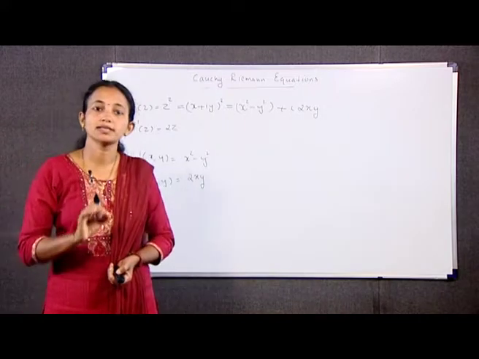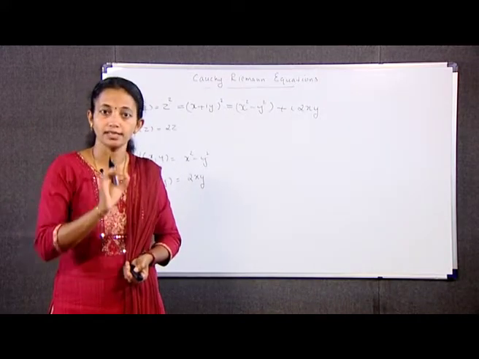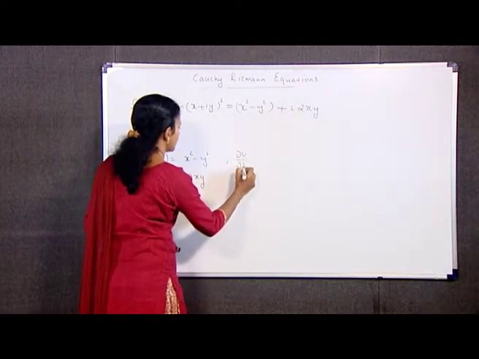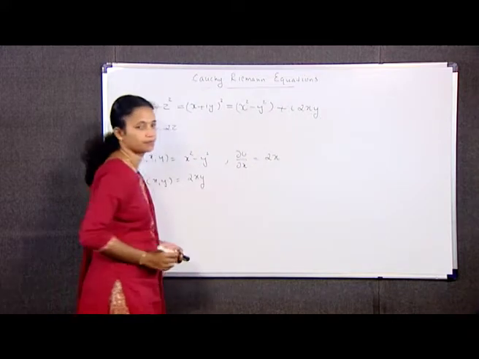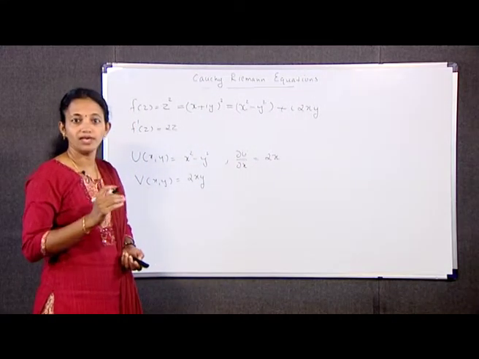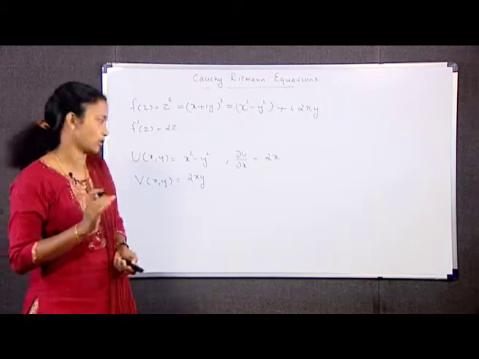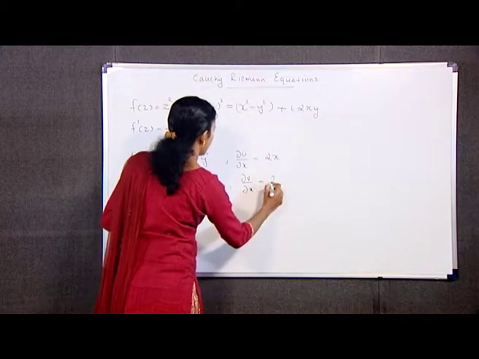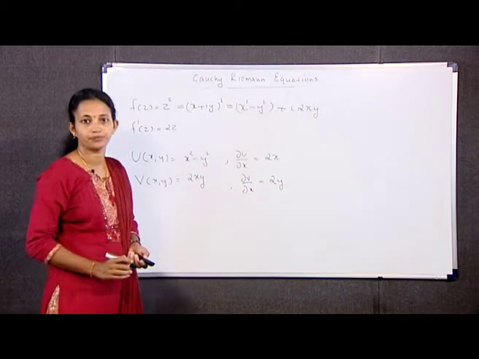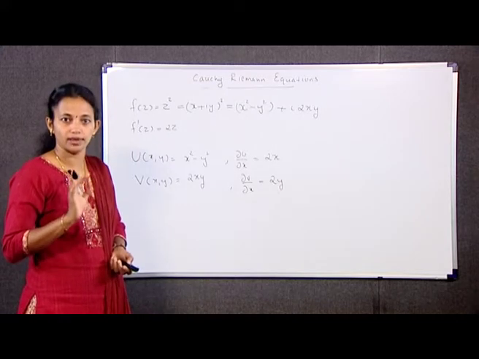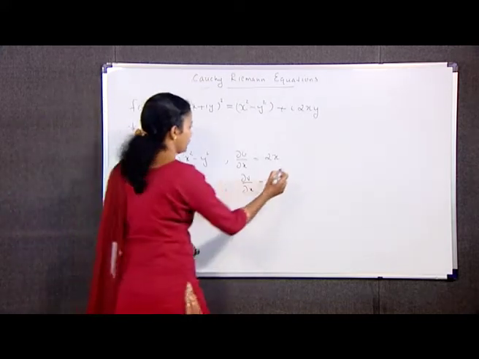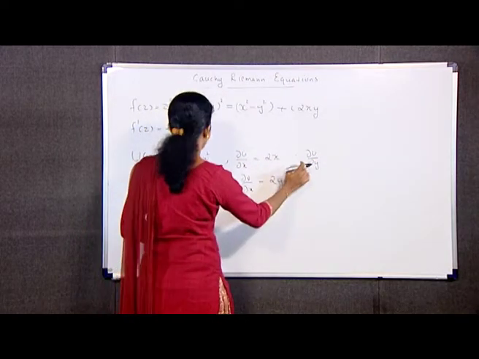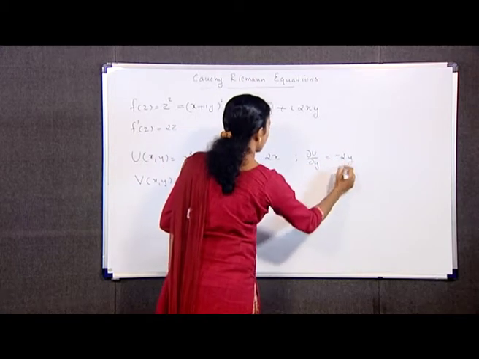Thus, ∂u/∂x = 2x, and ∂v/∂x = 2y, and also ∂u/∂y = −2y.